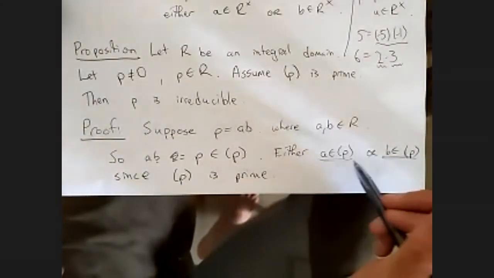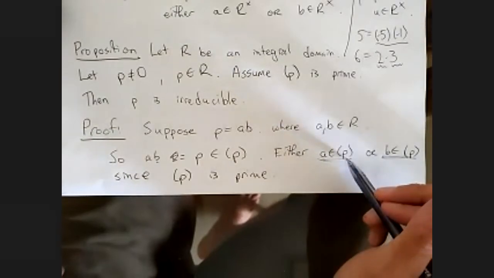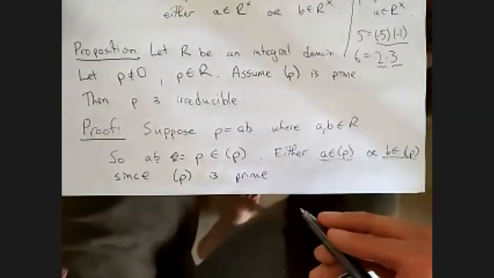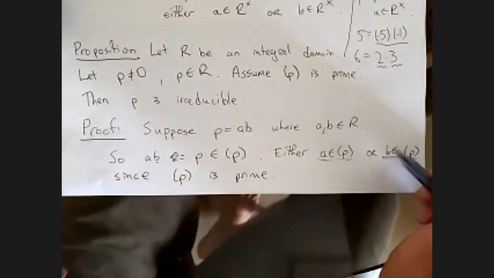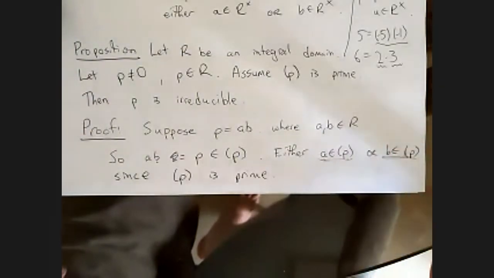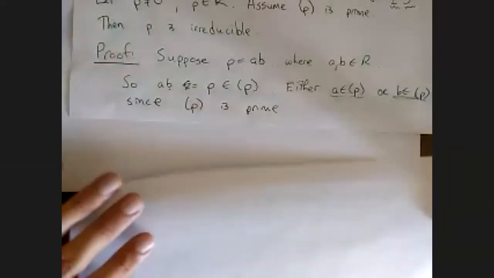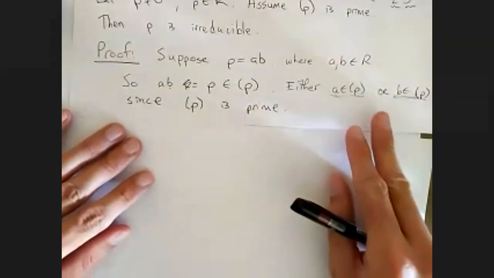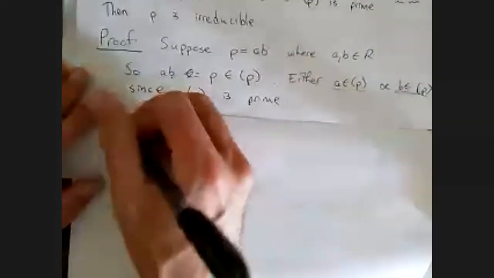If I do the case that A is in the ideal generated by P, and I do some work and prove that B is a unit, my work can be applied to the case when I switch A and B. I'm only going to do one case, and that's fine. So now let's tackle the case that A is an element of P.